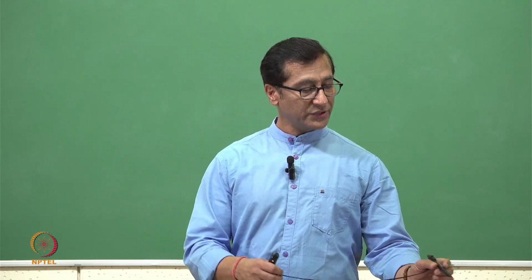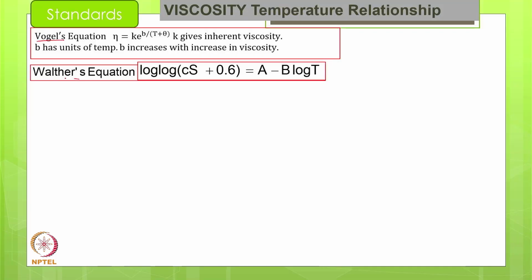So, there are two relations, Vogel's relation and Walther's relation. One is related to the dynamic viscosity, the other one to the kinematic viscosity. Here there were two parameters, two coefficients, two constants, while in this situation we have three constants.